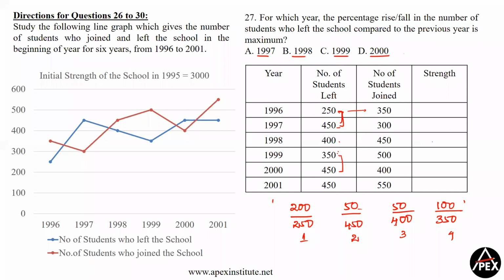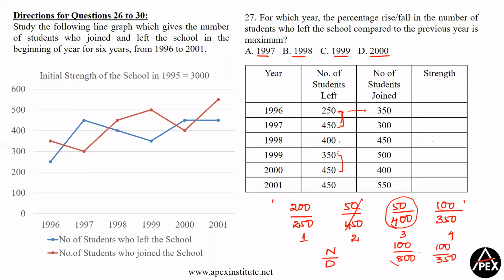When you have fractions with the same numerator, the fraction with the highest denominator has the lesser value. So 50 by 400 is larger, and I can eliminate 50 by 450. Now let me make the numerators equal for 50 by 400 and 100 by 350. That gives 100 by 800 and 100 by 350.